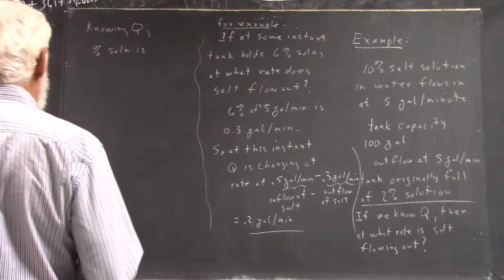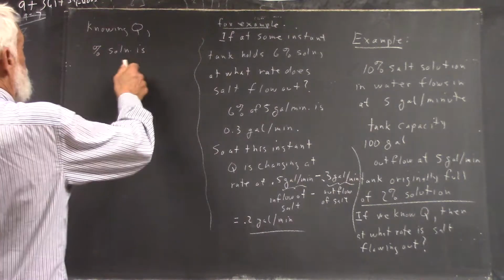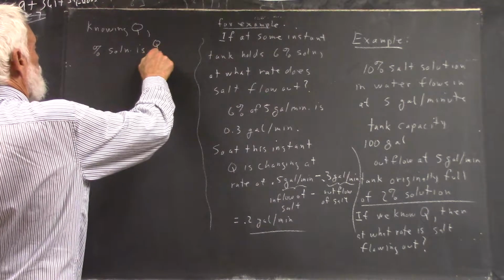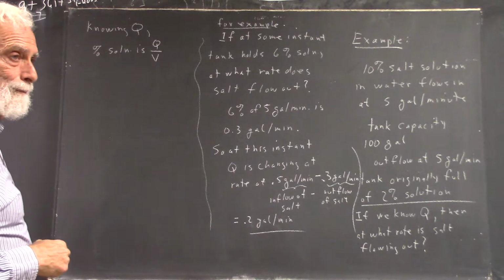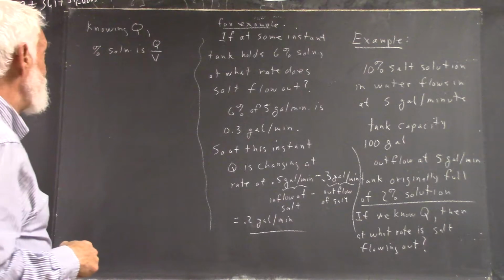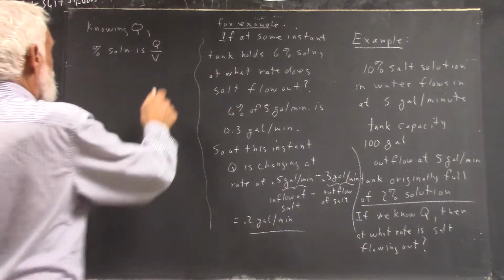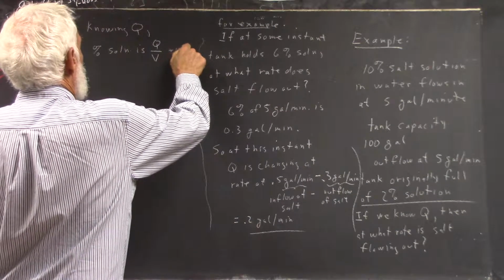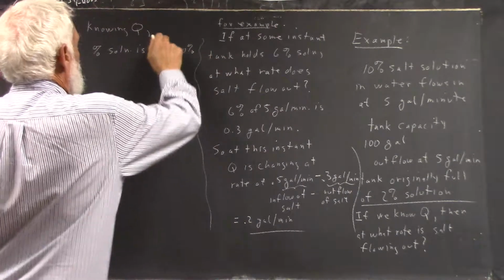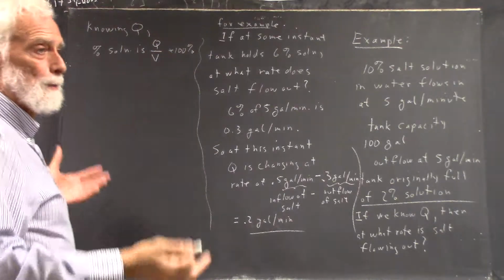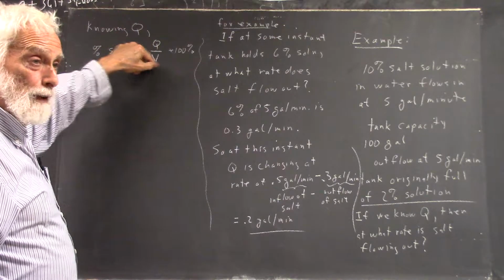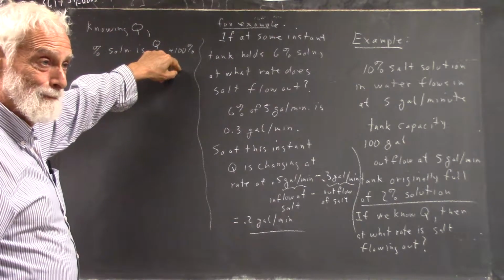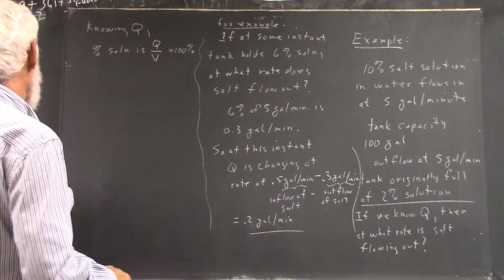So the percent solution is Q over V times 100%, because this is a decimal, but if you want 6%, you take the 0.06 you get when you divide Q by V and multiply by 100%, right?